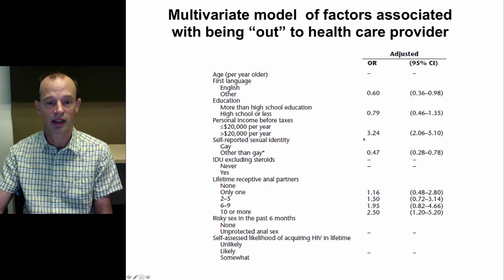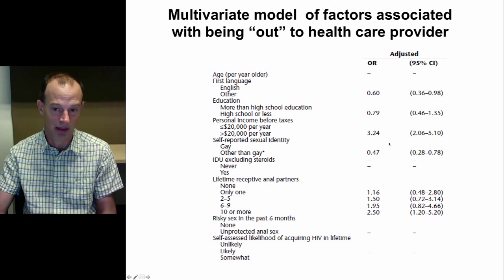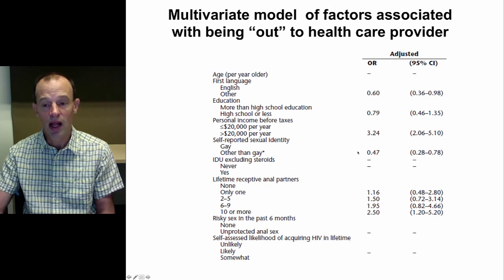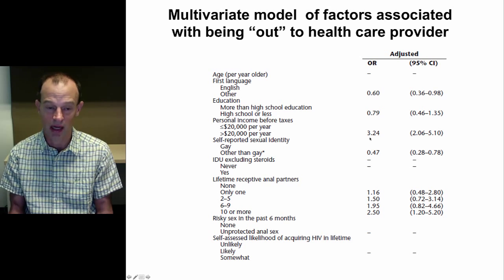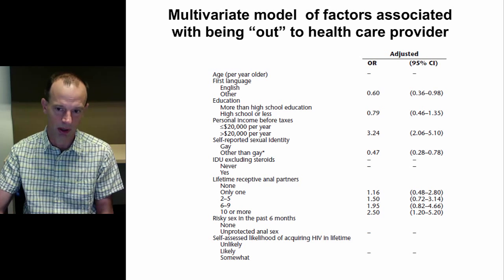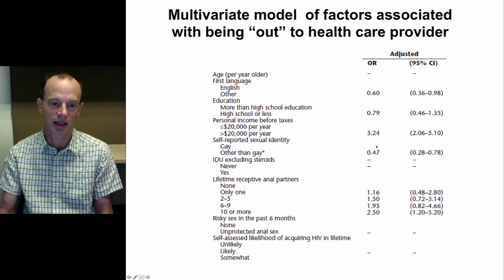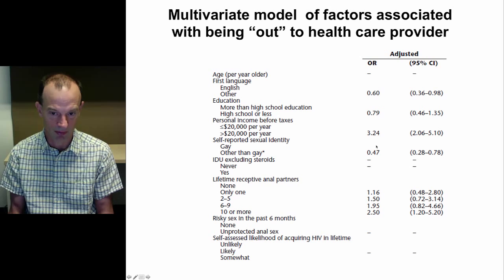Certainly if people had higher income, and here income was not particularly high, higher than $20,000 per year, that also was associated with people being more likely to disclose their same-sex sexual behavior. As well, if they had sexual orientations other than gay, so that included bisexual men, as well as men that identified as straight or queer or two-spirited, those other sexual orientations were less likely to come out to their healthcare provider.